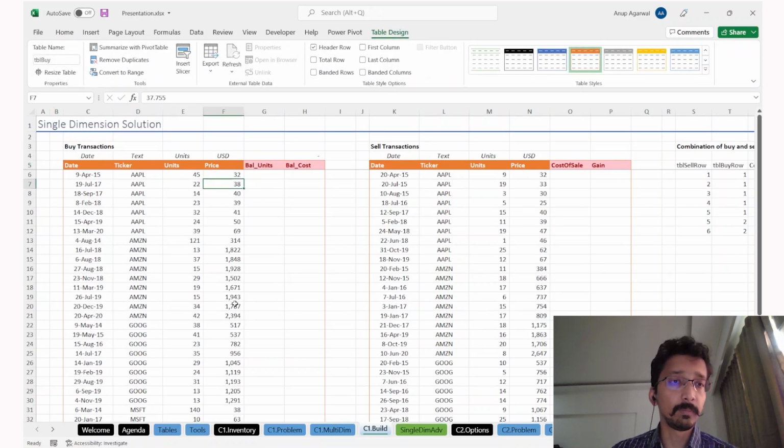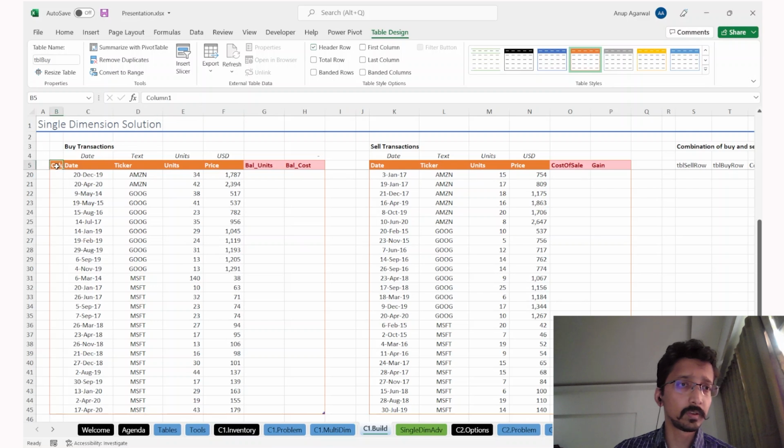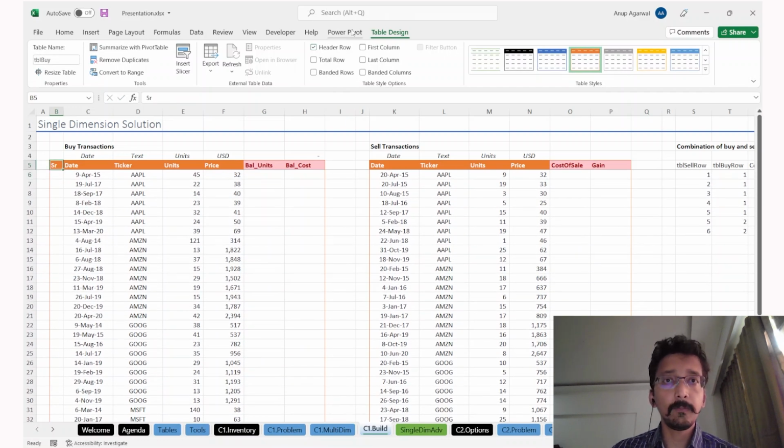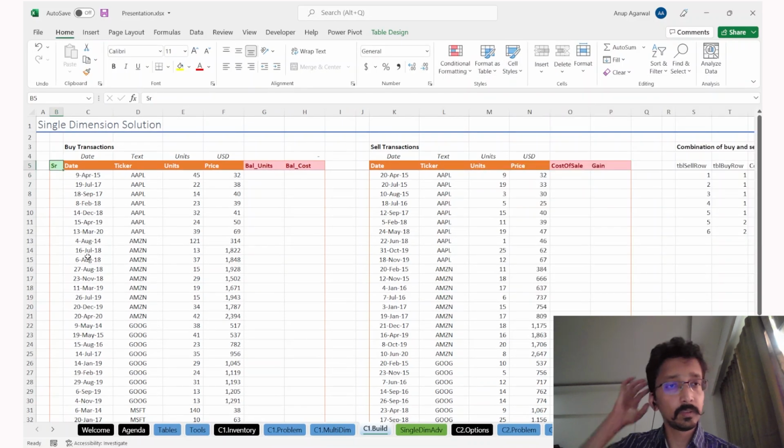To add a serial number on this table, I just go on this table, go resize table, and change the definition of this table to include the column B. So now you see this column is added to this table to the left, and I call it SR as in serial, and then I format this to look like this, to tell me that this column only has formulas, and whenever I am updating or doing anything here, I don't need to worry about editing this column. These are all formulas which will all update by itself.